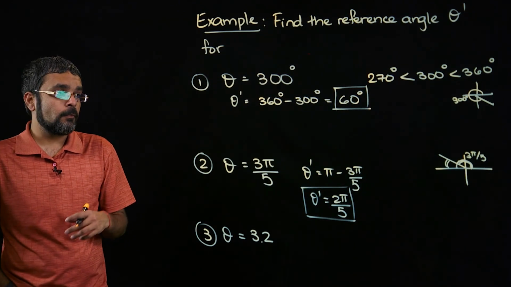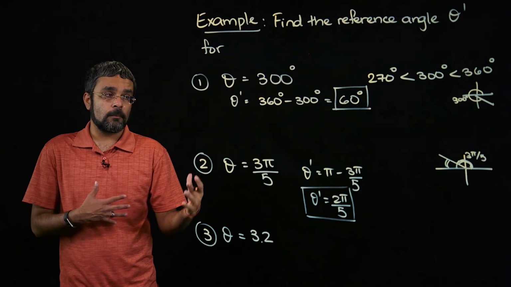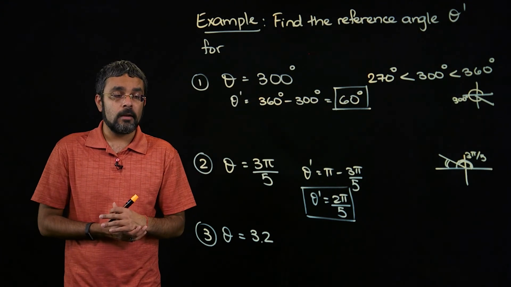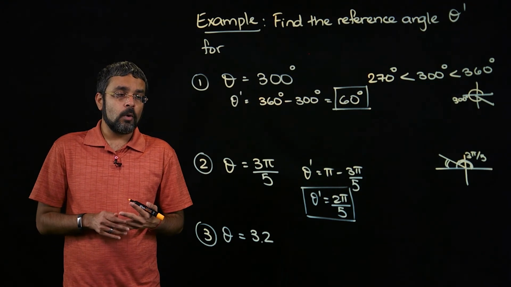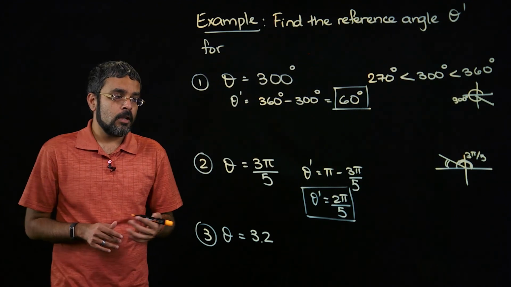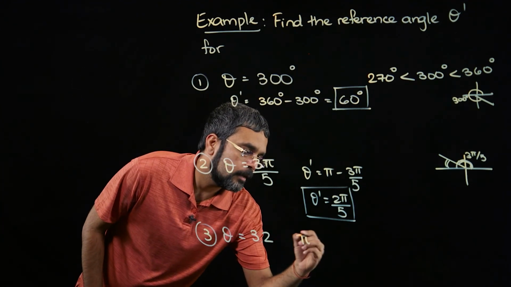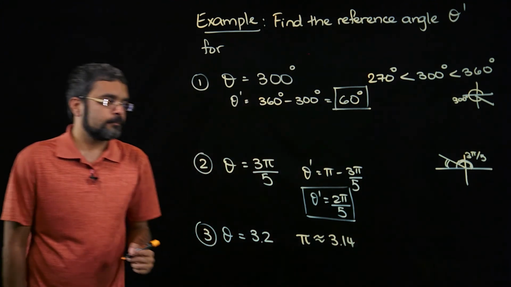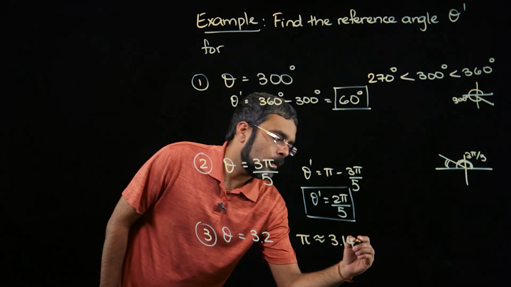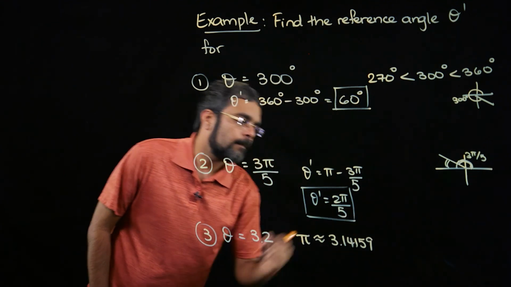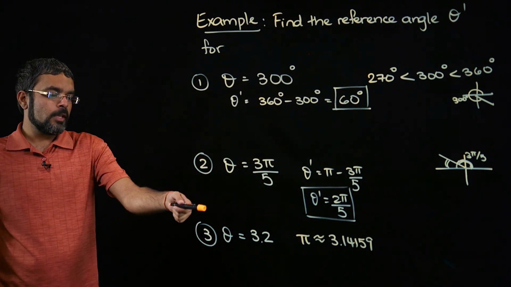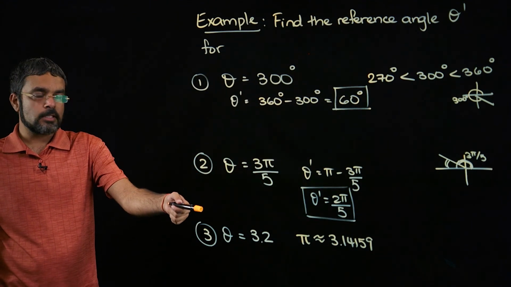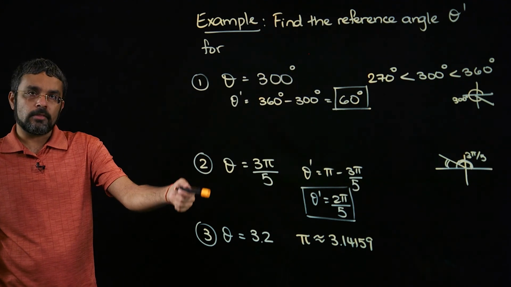What does that mean? So far when we talked of radians, we only talked about pi or some multiple of pi. But if you plug pi into your calculator, you know that pi is roughly 3.14, or 3.14159. So 3.2 is greater than pi, which means this is going to be in the third quadrant.